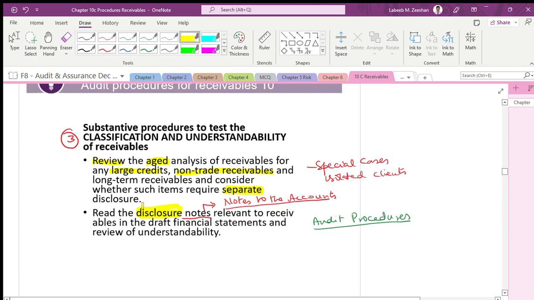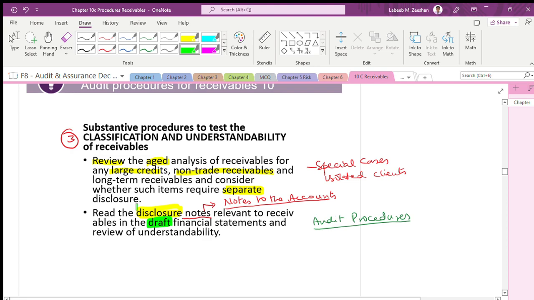In all the cases, we are using the word very clearly. You should never mention financial statement. Whenever you are doing substantive procedures, you have to mention draft financial statements. Marks will be given on this word only. I'm just reminding you.